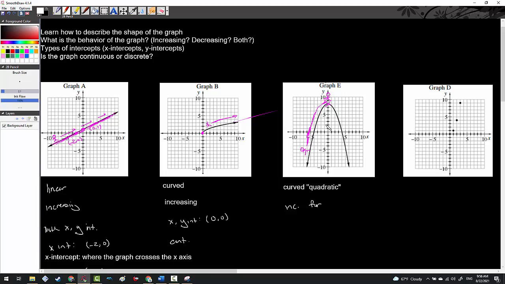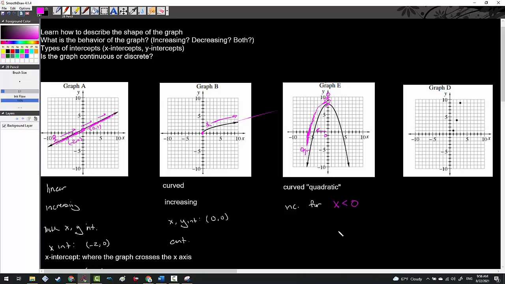So notice how we're always increasing when we're to the left of the origin. In other words, for when X is less than 0. So he's increasing for when X is less than 0. For any number less than 0, this skateboarder will be moving up the graph.